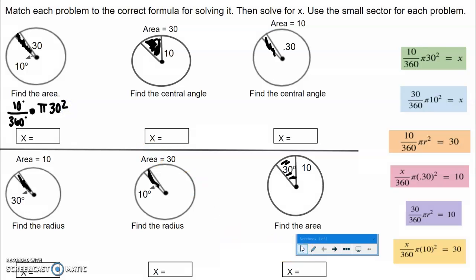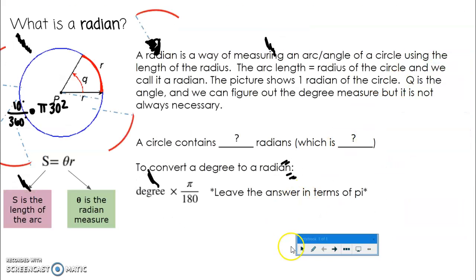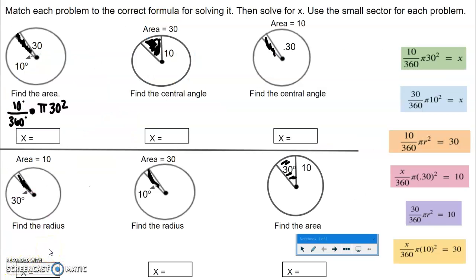So if I look at my answer choices, I'm sorry, it's not going to let me click on them. You just drag the green one over to where I've written it down, and we're just going to type it in the calculator now. So 10 divided by 360 times pi times 30 squared. And I got 78.5.